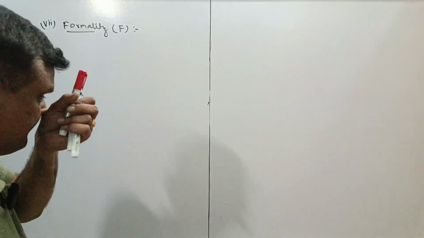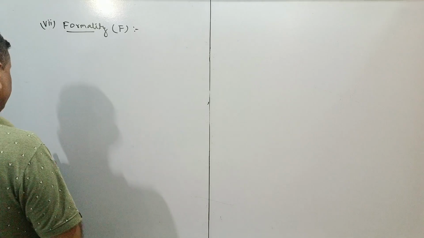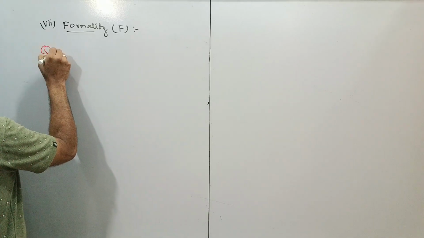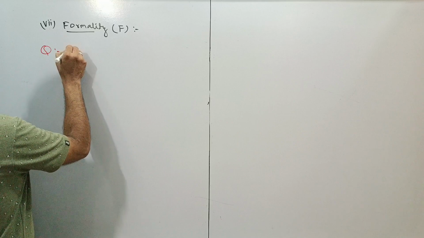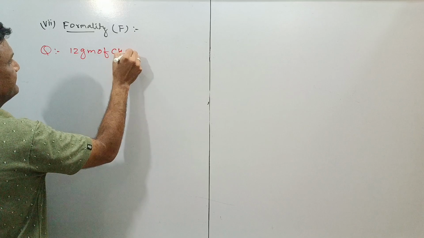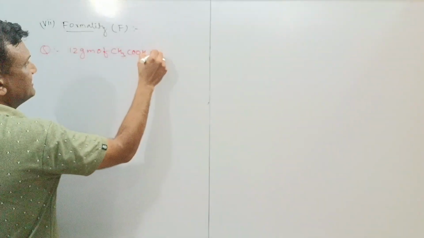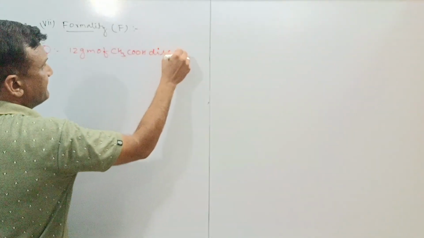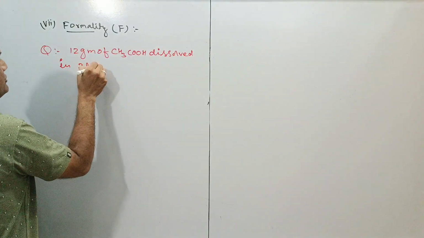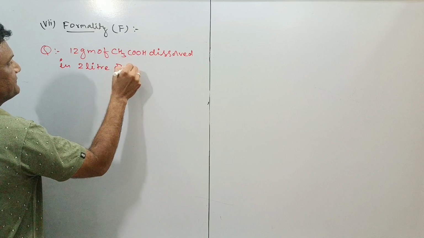This is the question: 12 gram of ethanoic acid, or you can say acetic acid, dissolved in 2 liter of solution.